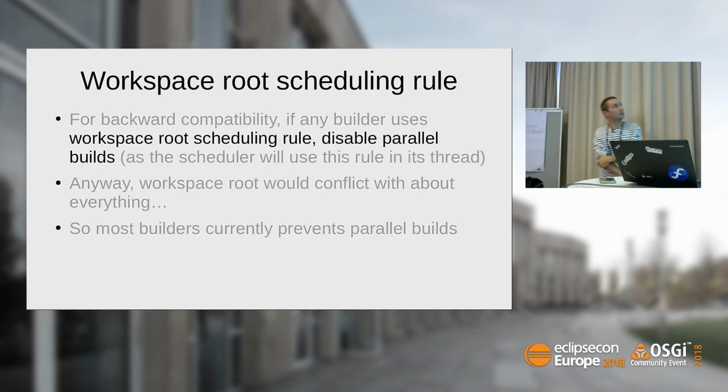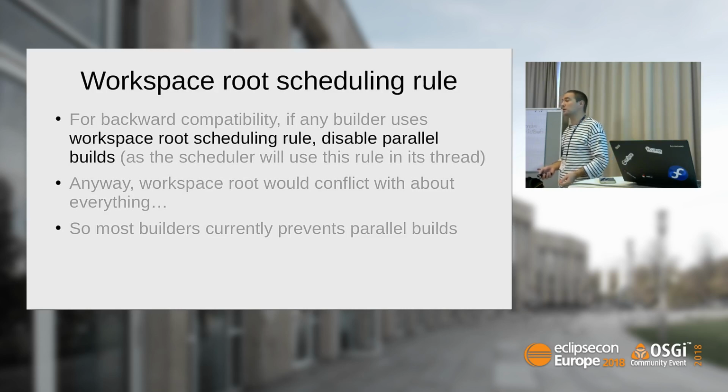Okay. The workspace root scheduling rule, so it's the one that's the most widely used. For backward compatibility reasons, when one builder involved in the project build uses the workspace root scheduling rule, because it locks everything, we keep the build fully sequential. So we just stay to the legacy behavior, because otherwise it will cause bugs.